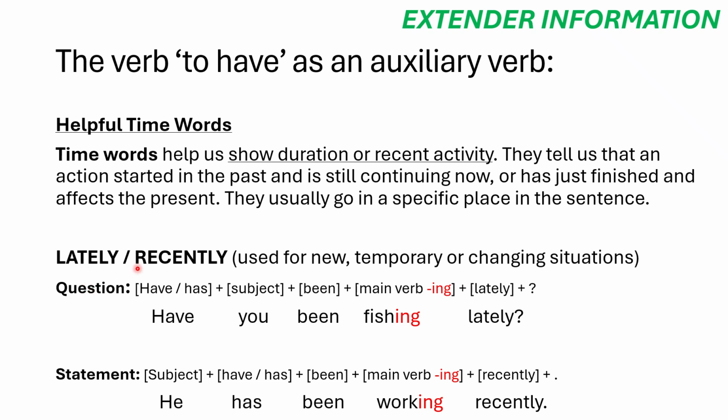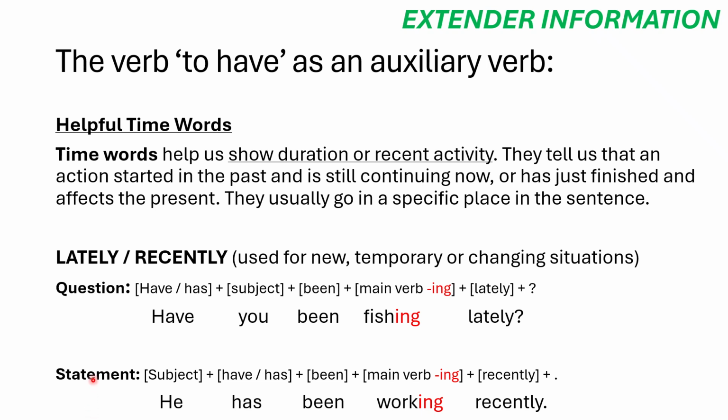In a question: have or has plus subject plus been plus main verb plus lately. Have you been fishing lately? Lately is more about an ongoing pattern or habit. It feels like for a while now.